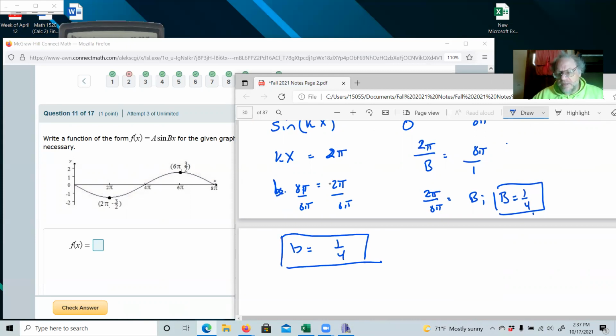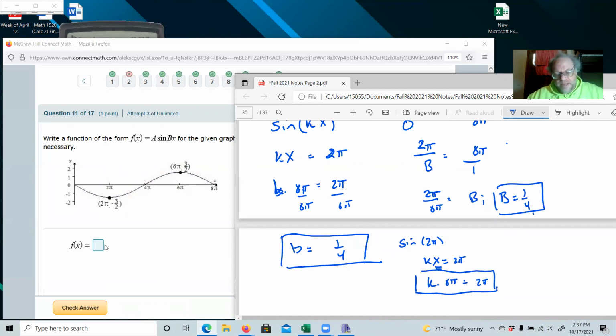Because again, I would like to be able to take sine of 2 pi. That would be great. How do I make this inside stuff equal to 2 pi? Kx equal to 2 pi, knowing that x has to be 8 pi. So that's what we're doing there.